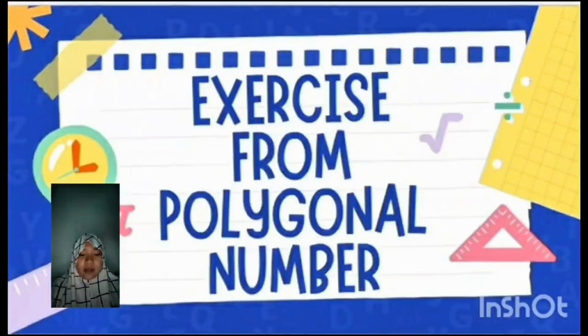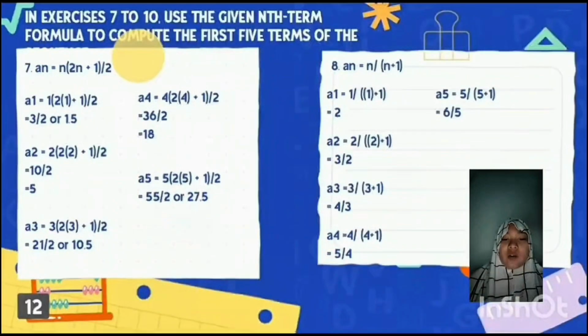So here we have the exercise from polygonal numbers. Kinuha ko lang to based lang sa book. Okay? In the polygonal numbers, kasama doon. So we have here in exercises 7 to 10, use the given nth term formula to compute the first 5 terms of the sequence.